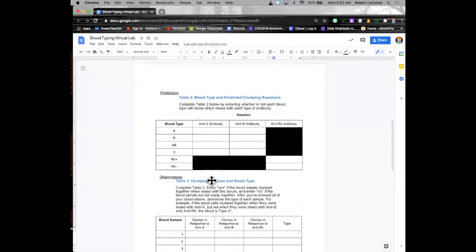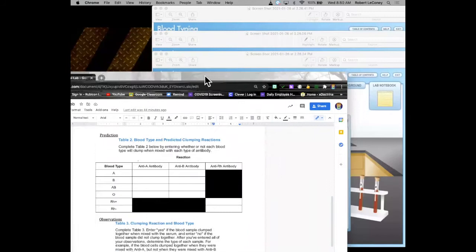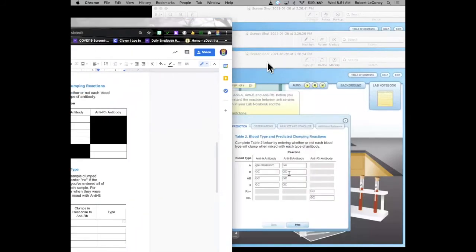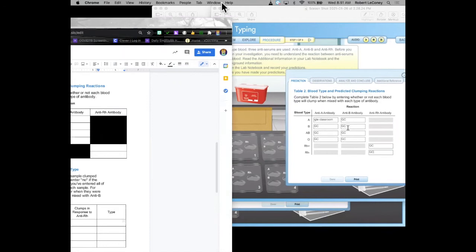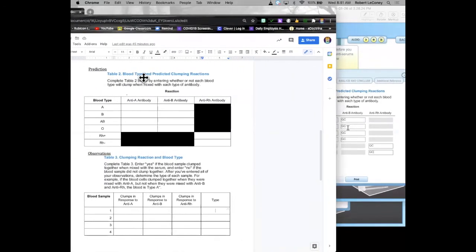So your first step is what is shown here. I recreated this, table 2, blood type and predicted clumping reactions. So this is your prediction. What you think will happen if you put anti-A into A blood, will it clump up?